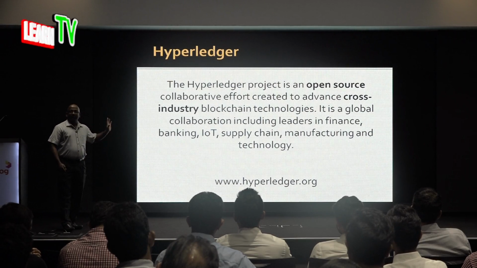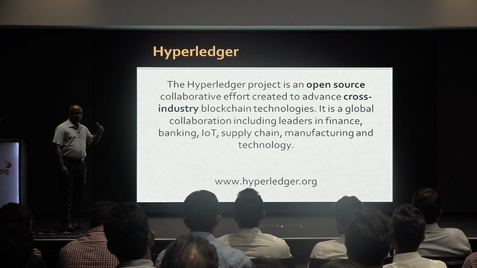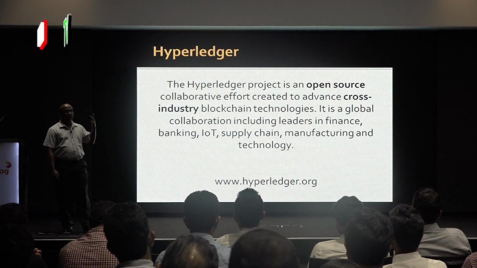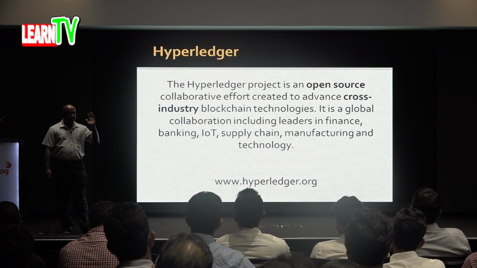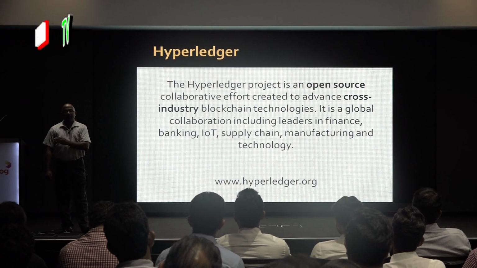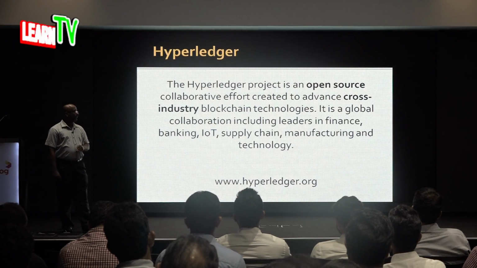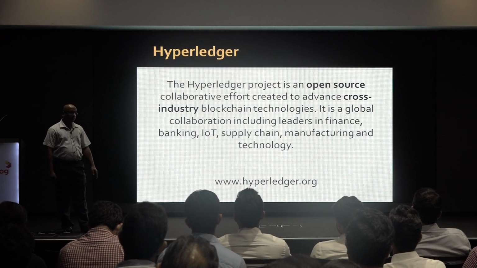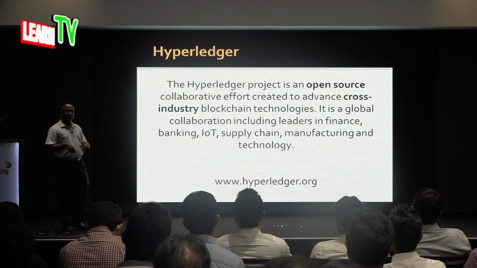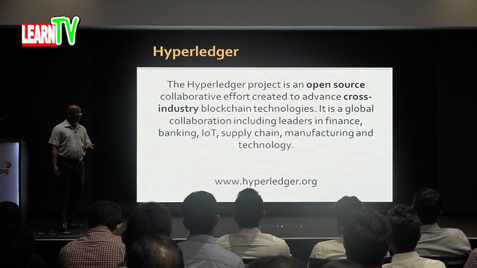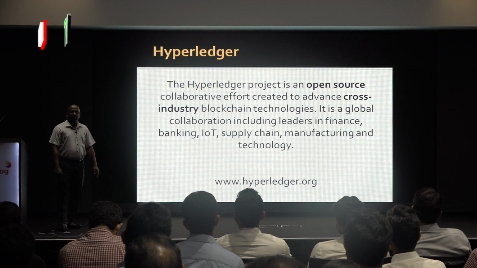All the big boys are part of this. Intel, IBM, Accenture, BT, big banks, big brokerages, big technology firms, they are all part of this. Actually, Millennium's parent company, London Stock Exchange Group, is also contributing to this.